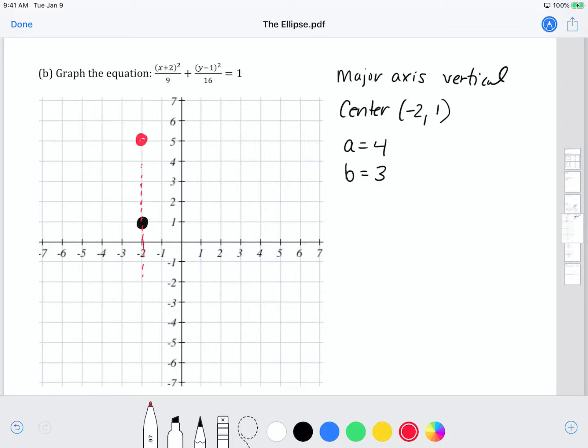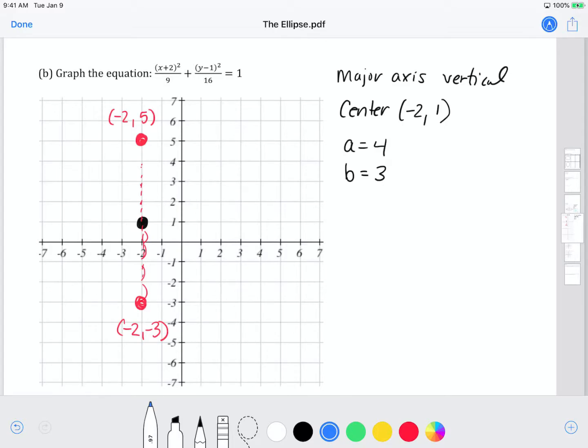So that's the first major vertice. And then if I go down 4, that's going to bring me to this point here, which is -2, -3.